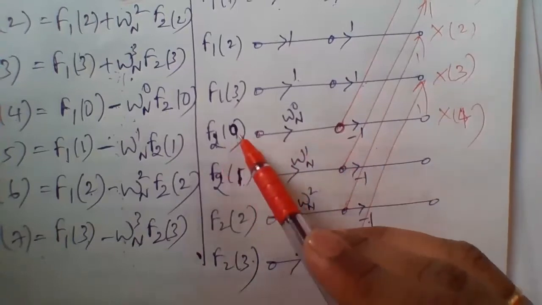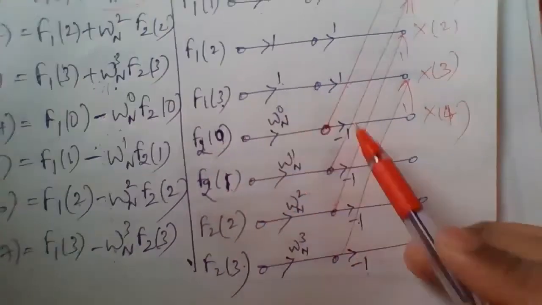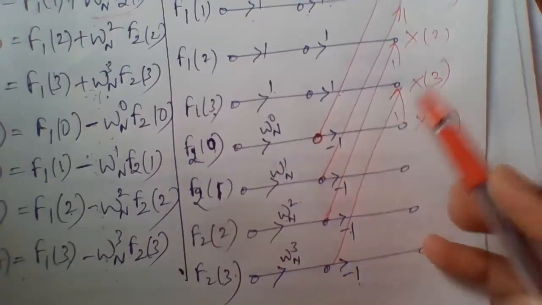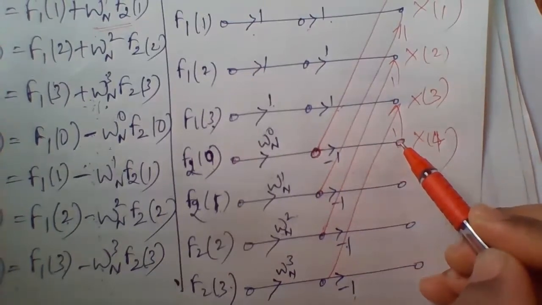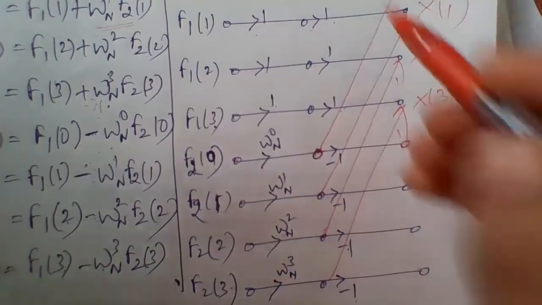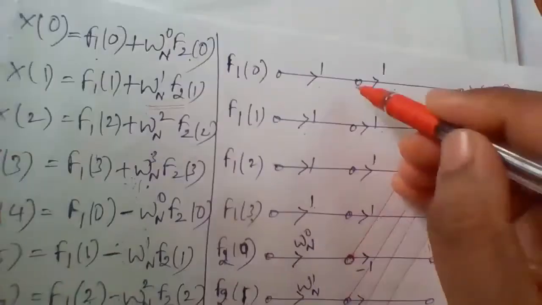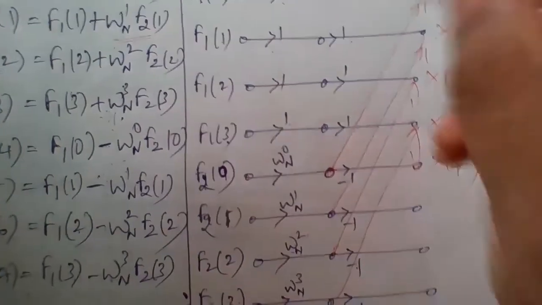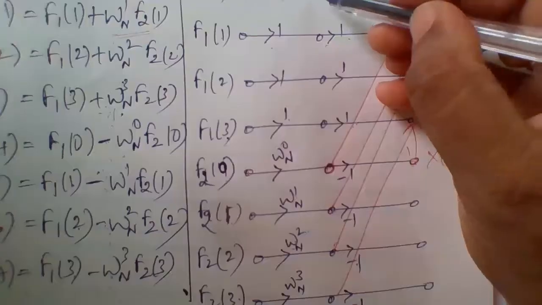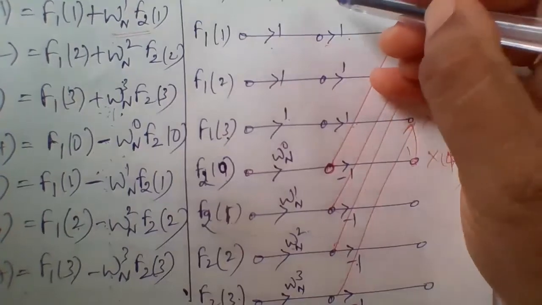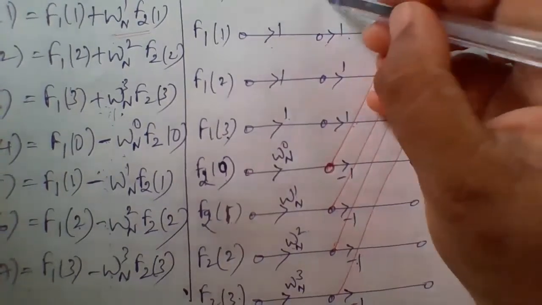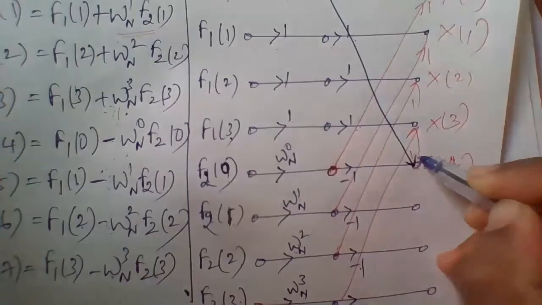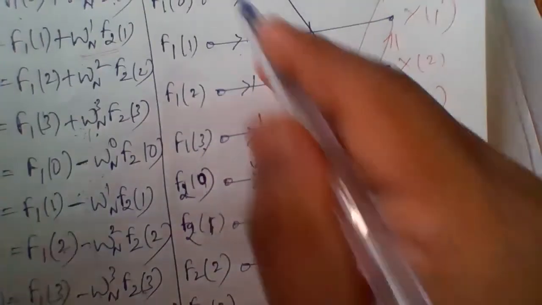So therefore at this node I have the complete product. The only thing is I have to connect to the f1. So here f1 of 0 is here. Simply join, that is, connect the first line with the fifth one. This is on the reverse.